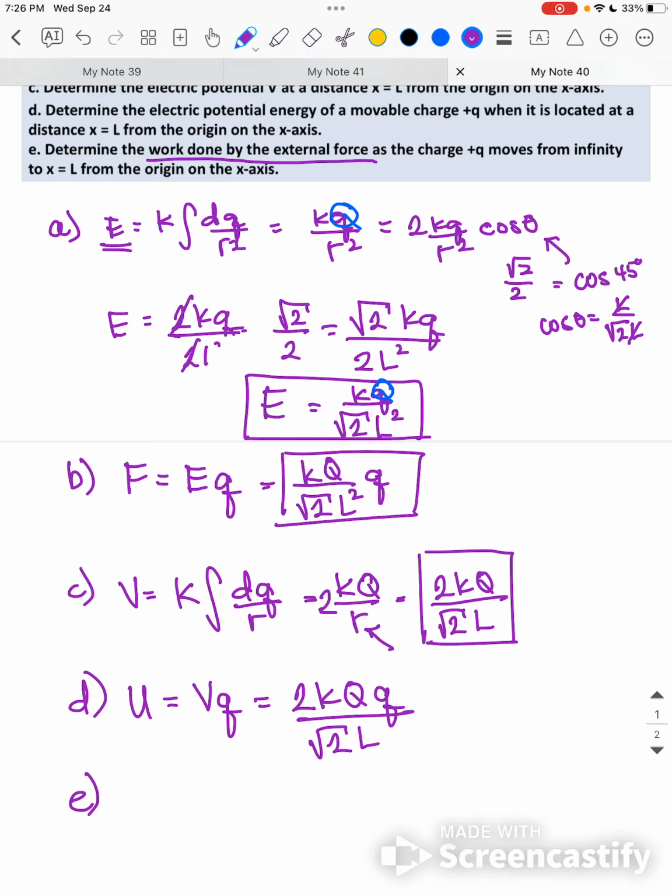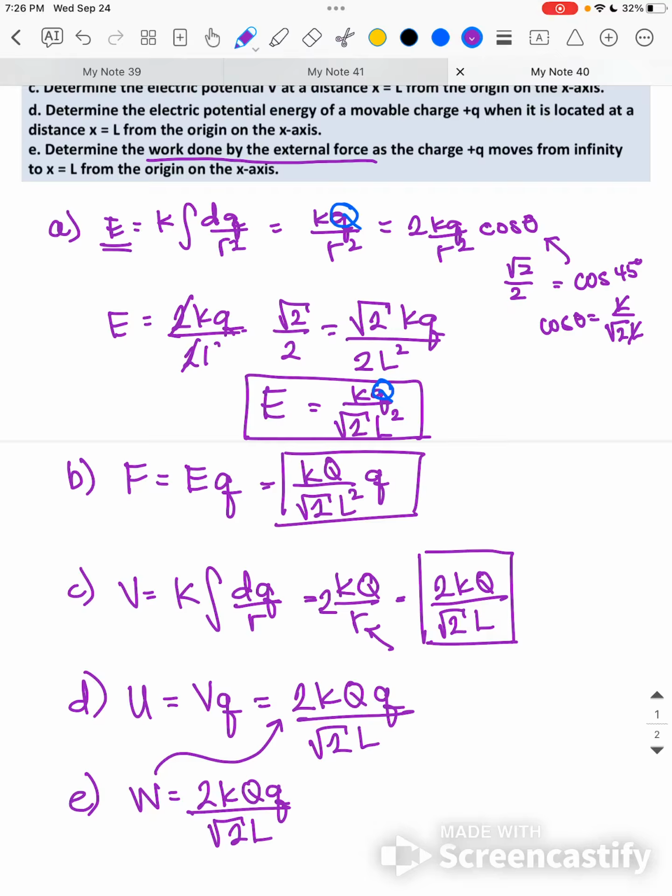By moving it from infinity in, then we are increasing the potential. When we think about the work done by the external force to move that object, it is going to be what we got for the final potential. It's 2kq, big Q, times little q over root 2 L.